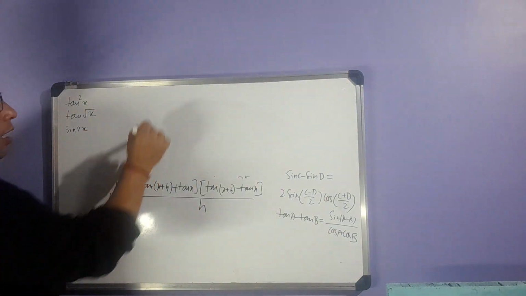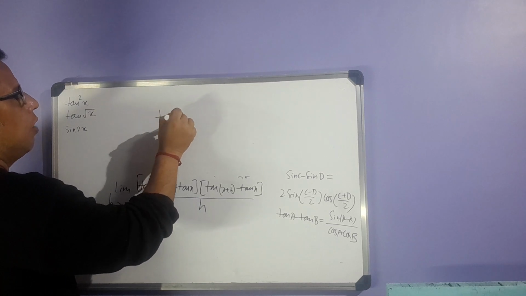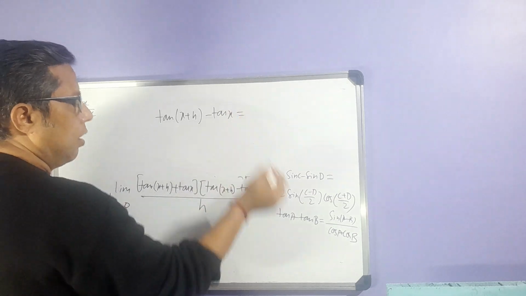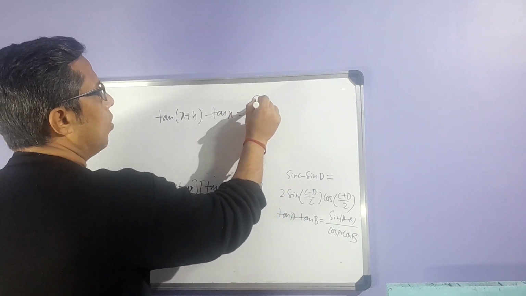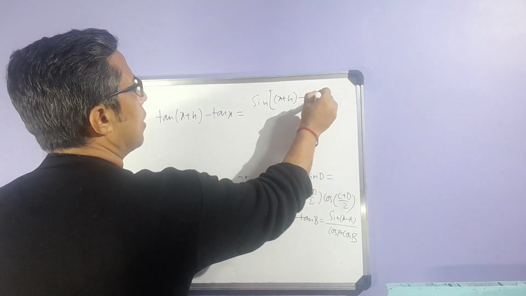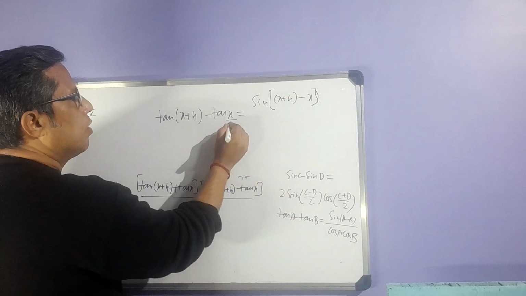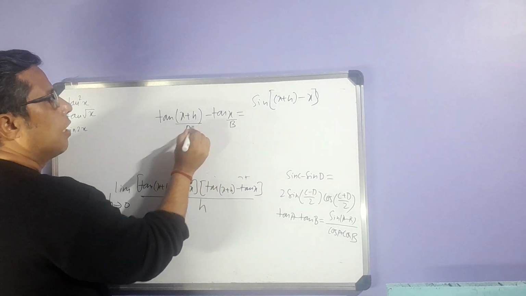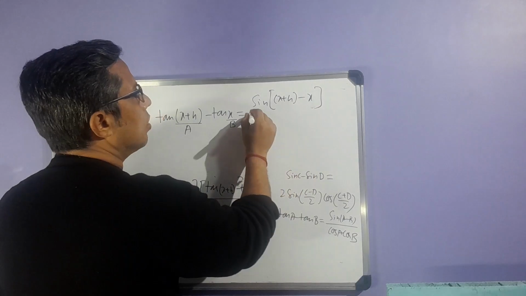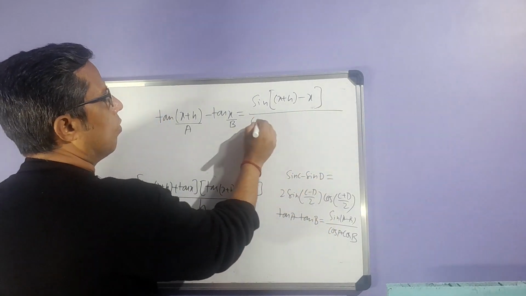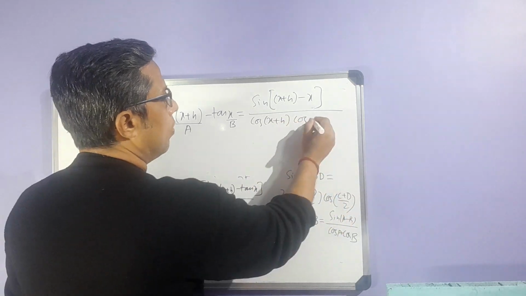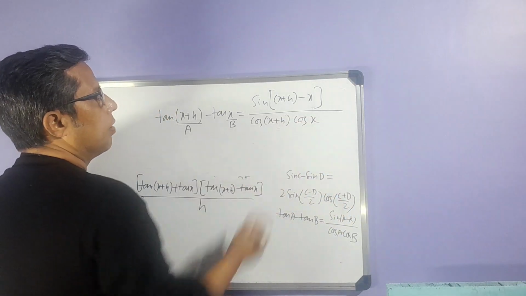Then tan of (x plus h) minus tan x is equal to sine of (x plus h minus x), where x is b and this one is a, by cos of (x plus h) cos of x, that is cos a cos b.